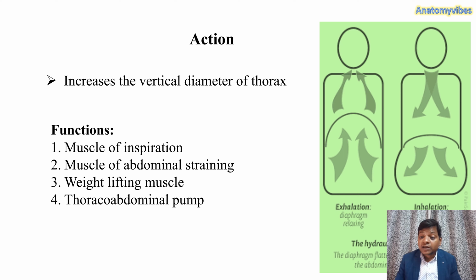Another thing, we have the thoracic duct, which is arising from the cisterna chyli, and this cisterna chyli is present in the abdominal cavity. When the diaphragm contracts, abdominal cavity pressure increases and the lymph is pulled along the thoracic duct towards the thoracic cavity, and finally it will go to the major veins, the junction of the internal jugular vein and the subclavian vein on the left side.